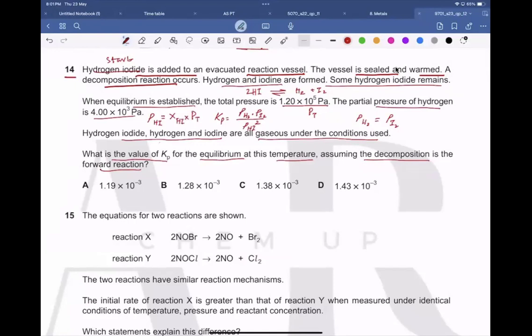So the mole fraction of hydrogen iodide is equal to the partial pressure of hydrogen iodide over the total pressure. So the partial pressure of hydrogen iodide is 4.00 × 10^3 divided by the total pressure, which is 1.20 × 10^5. Can anyone calculate and tell me the value, please?